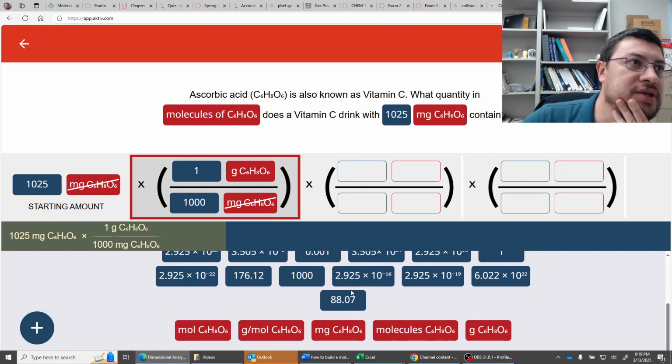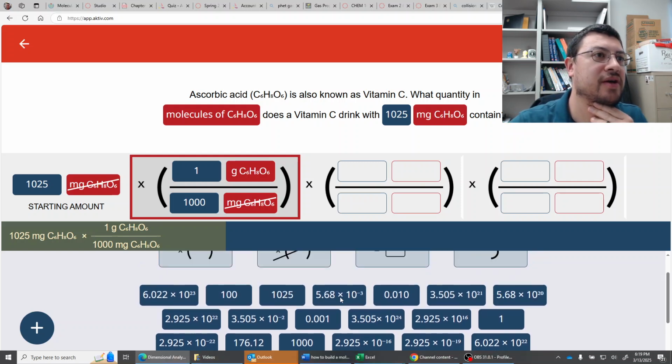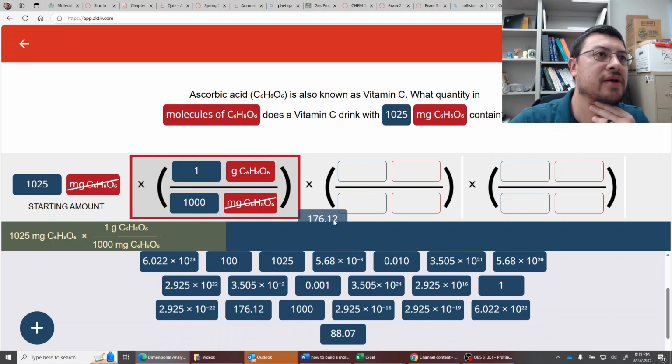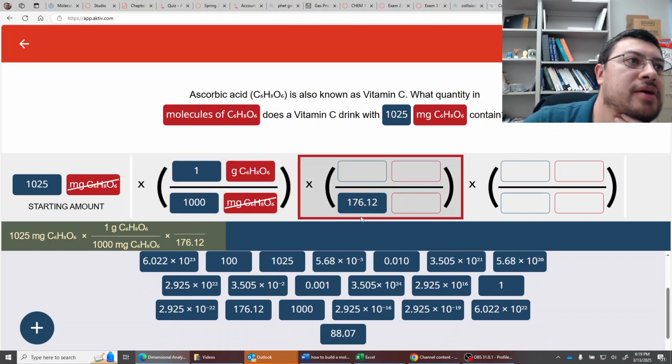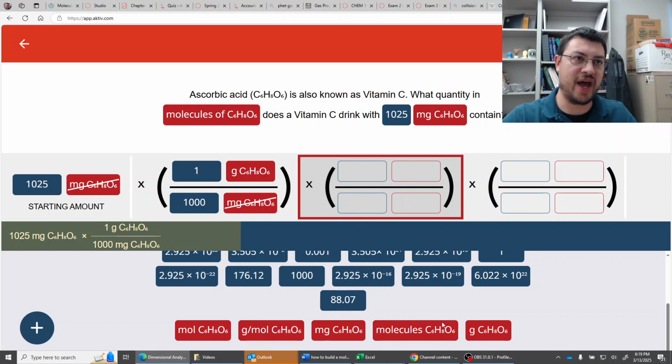How much is C6H8O6? Oh, I have that one memorized. It's 176. Okay. Oh, I have to do units first. In active, you can grab the grams and the moles separately, or you can grab the molar mass units of grams per mole.